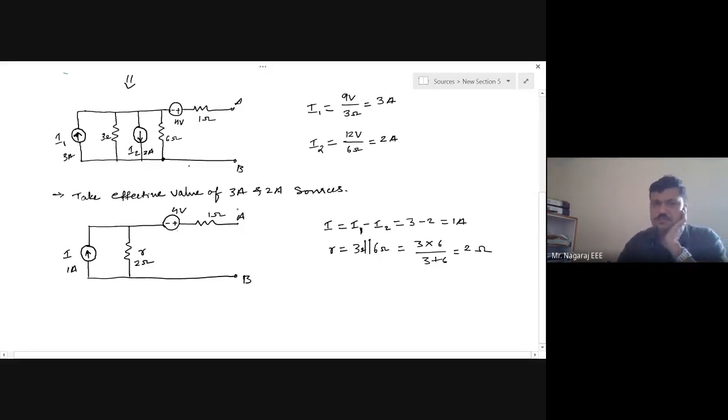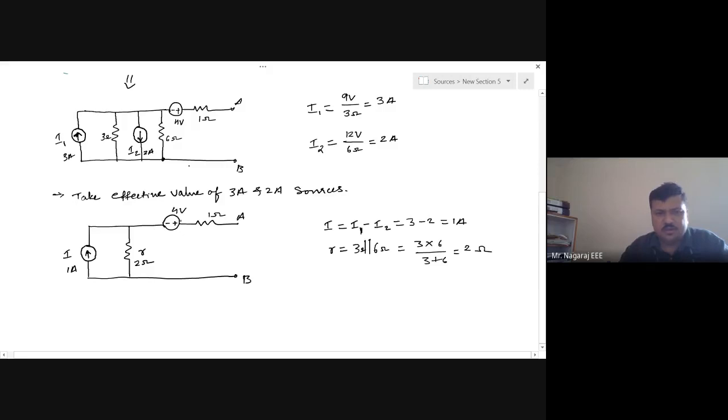But observe, between A and B, I want a practical current source. Now, if I convert 4 volts and 1 ohm into a current source, I will get two current sources in series, which I cannot directly simplify. Again, I would have to convert them to voltage sources.